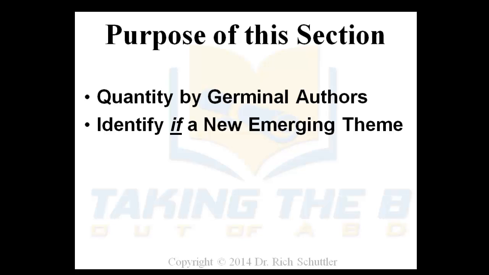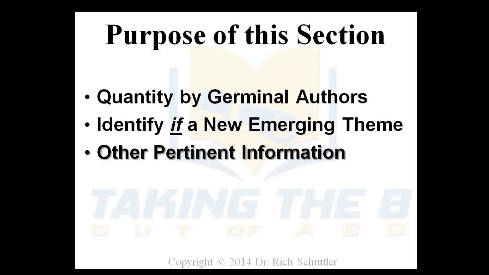There may not be that much literature to support anything more than 15 pages, and that is fine when it happens. Just give that caveat early in the chapter and help the reader to gain a better understanding of what to expect. And then there would be other pertinent information. And I can't explain every option of information that you should or could put in this section, because ideally, in most cases, it's pretty cut and dry. But you may have a different situation, perhaps like the new emerging theme, that you need to include in this section.